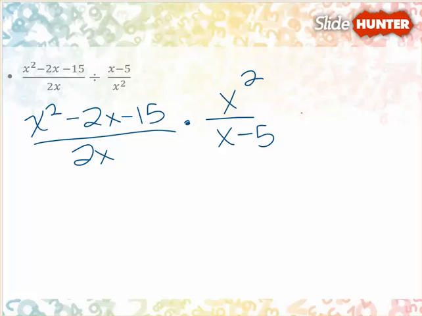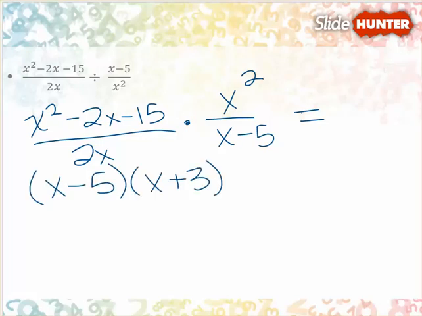We're going to start by factoring the top, x squared minus 2x minus 15. We are looking for two numbers that multiply to equal -15, but add to equal -2. In factored form, that's x minus 5 times x plus 3.